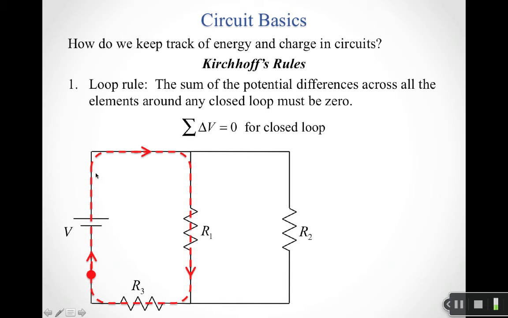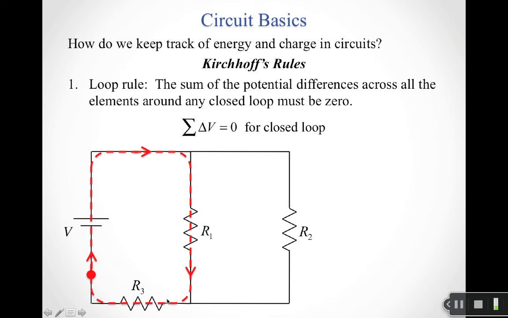Because this is an ideal wire, there's no resistance within this wire, which means that the potential here has to be the same as the potential at the positive terminal of the battery. Now as I walk across this resistor, I have to have a potential drop. Some of the energy is being used up as I come across this resistor.